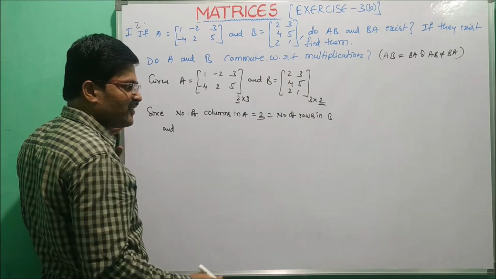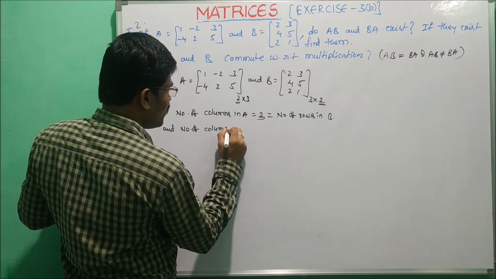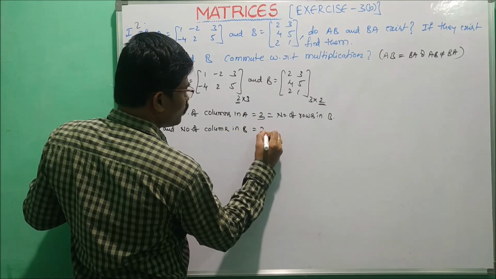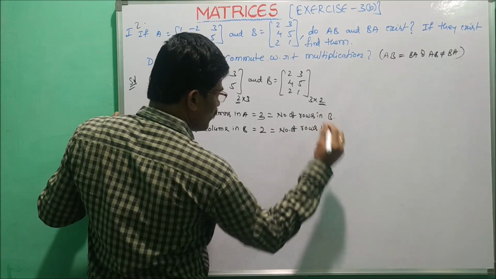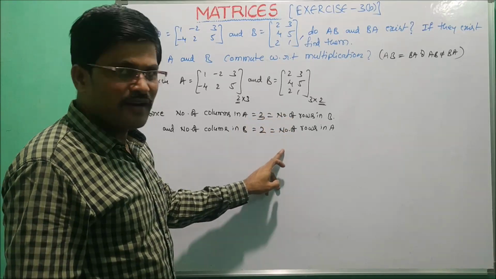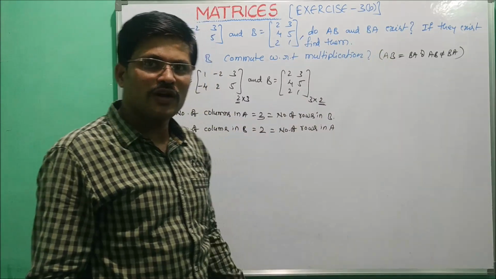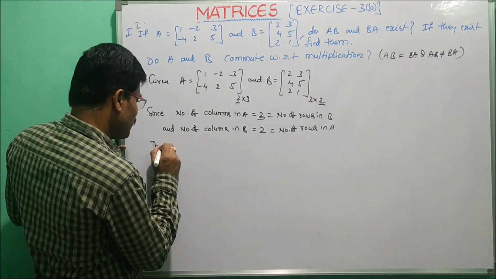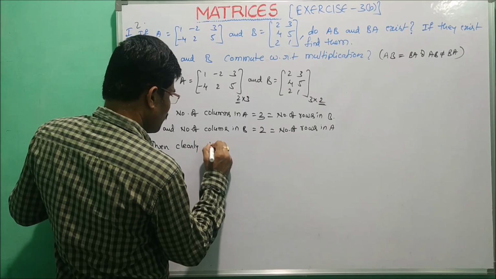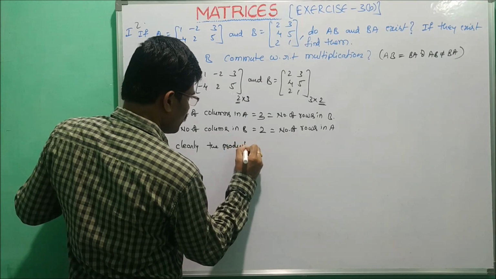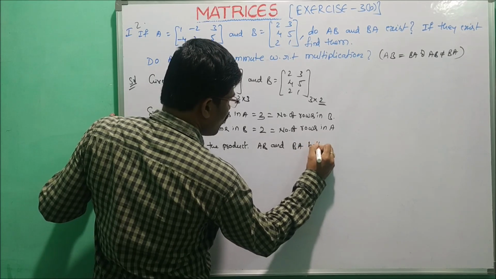Now we take the first matrix as B. The number of columns in B equals 2, which equals the number of rows in A. Here both conditions exist. Therefore the products AB and BA both exist.